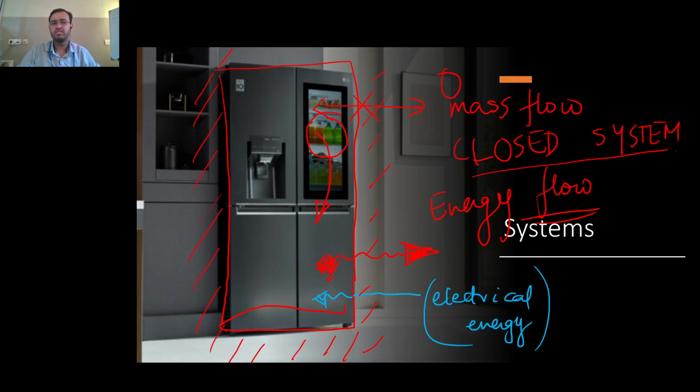So this system is now insulated. At the same time, you have some amount of electrical energy flow. This electrical energy is being used to heat up this entire substance.